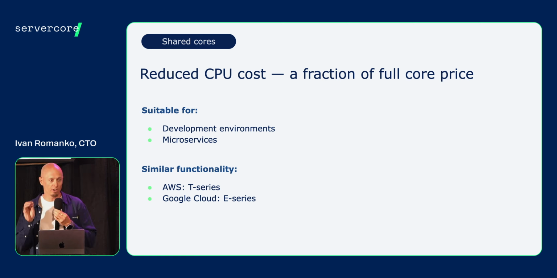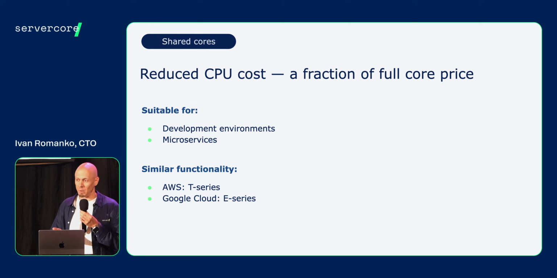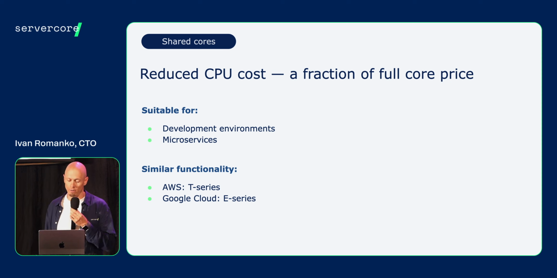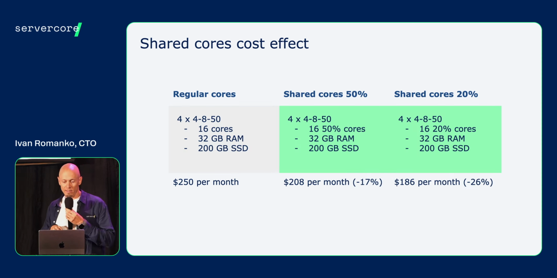If you're launching microservices and your services are really micro, you will benefit from it as well. You can launch small instances with very low memory footprint and with a shared core. Saving can be huge depending on the size.